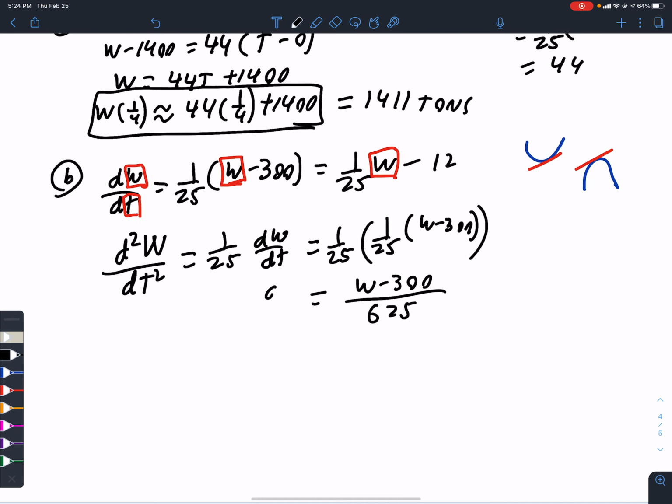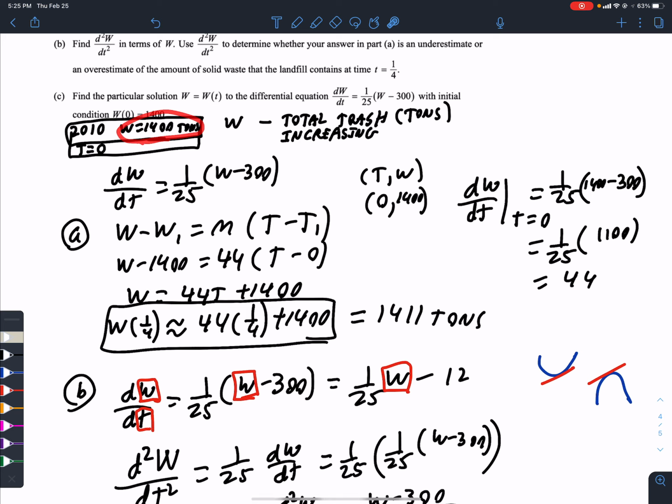Well, how do I know if it's more than or less than 300? How do I know that? Then you just have to use your brain a little bit. At the beginning, we started with 1,400 tons. And you might say, well, what if the trash decomposed and we end up with less than 300? But they tell you the amount of trash is increasing. So the amount of trash is going to be greater than or equal to 1,400 tons, right?